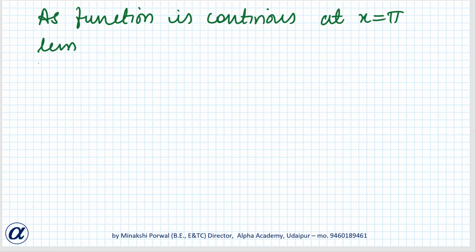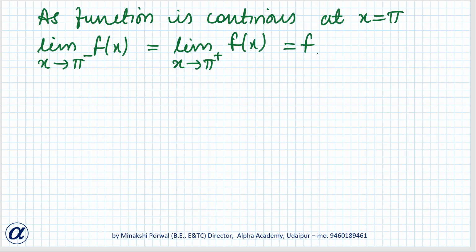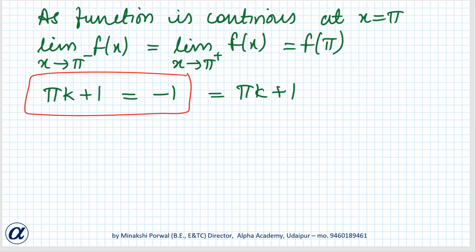So limit x tends to pi minus f(x) equals limit x tends to pi plus f(x) equals f of pi, that is, pi k plus 1 equals minus 1 equals pi k plus 1. So we can just equate this to find the value of k. So pi k equals minus 2, or k equals minus 2 by pi. This is the answer.